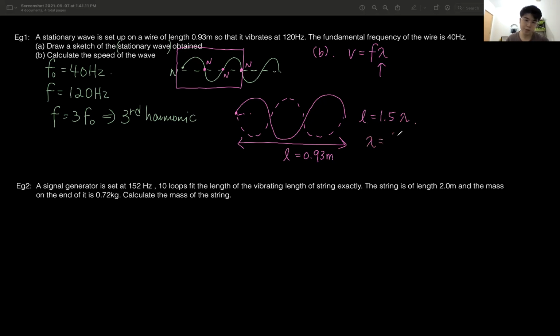Wavelength equals 0.93 divided by 1.5, we get 0.62 meter. And then we put it here. V equals 40 times 0.62, we get 24.8 meters per second.